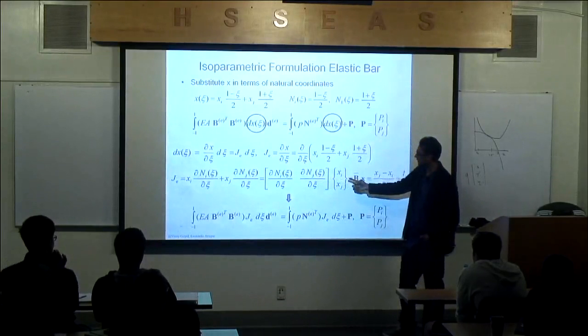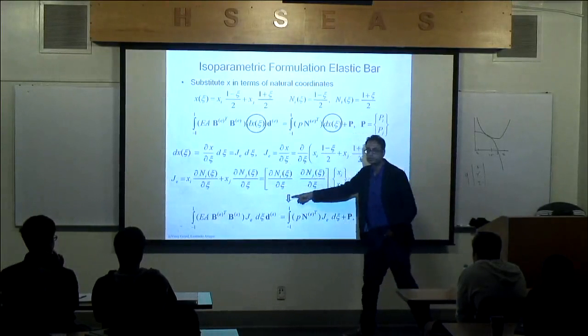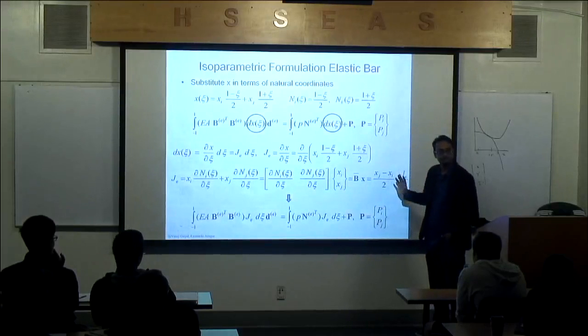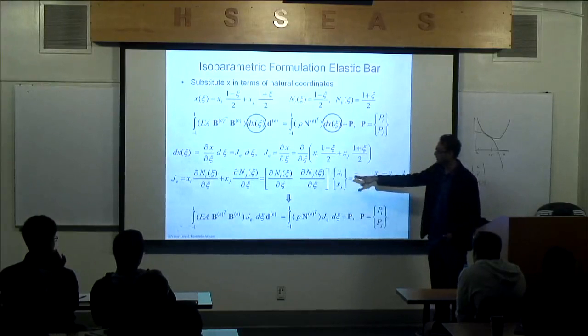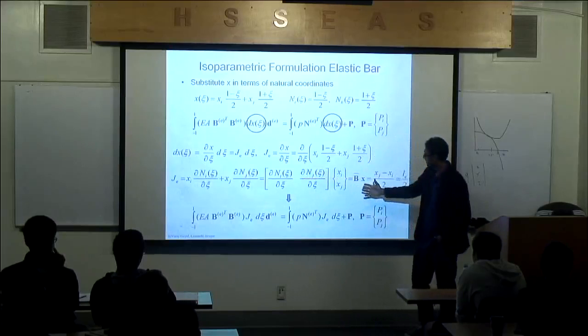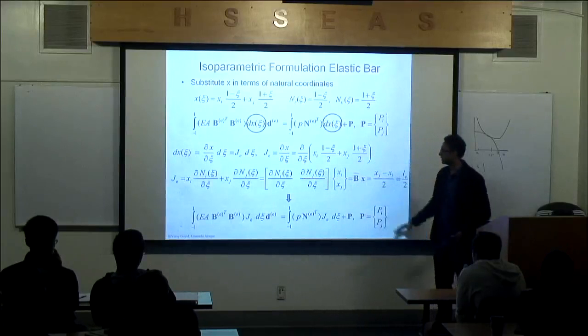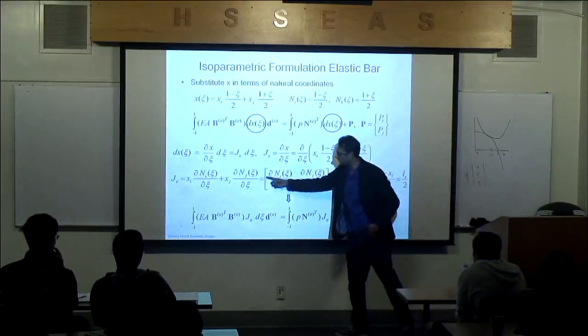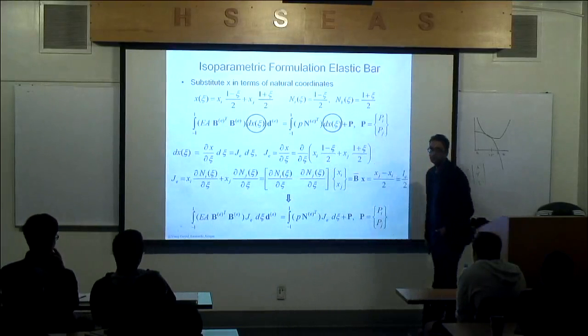I can call this B bar, just for fun, so I don't have to track that. B bar times x. X are the coordinates. So j is all these things. I'm putting it in this format because it's going to be advantageous to define this later on. You will see why.